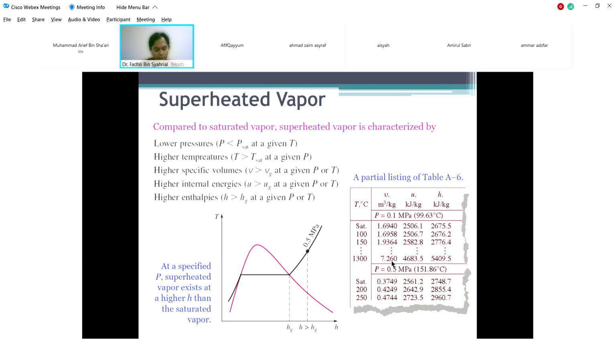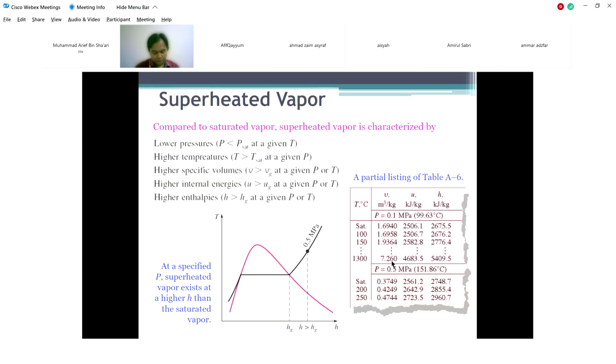So they have their own set of values for each property: temperature, specific volume, internal energy, enthalpy, and entropy. For each small column, they have their own set of values. Another example, 0.8 megapascal, on the same page as 0.01 megapascal.